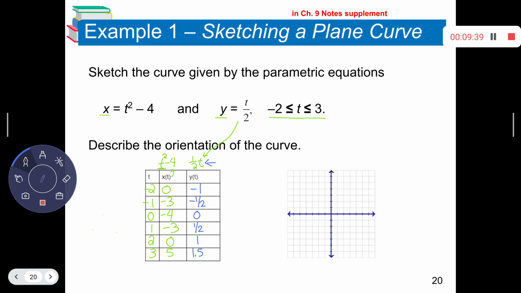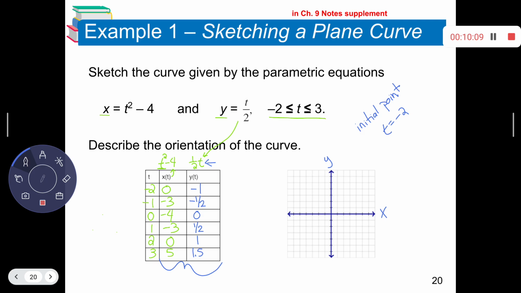Now, what I'm going to graph will just be the x and y coordinates like you're used to graphing. So we are just going to graph these coordinate points, x and y. The one important thing when you're graphing these is you have an initial point, which is where we're starting, and this would be at t equals -2.